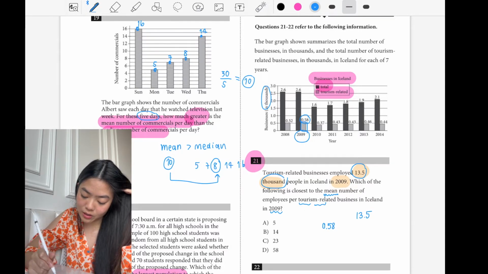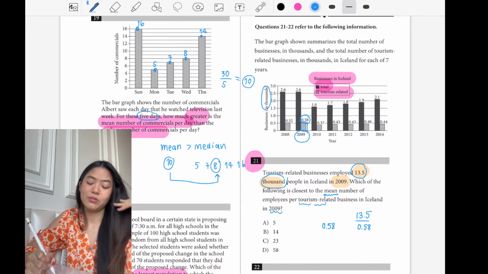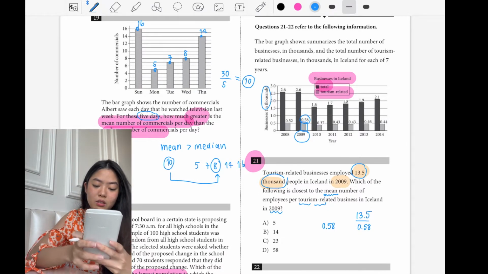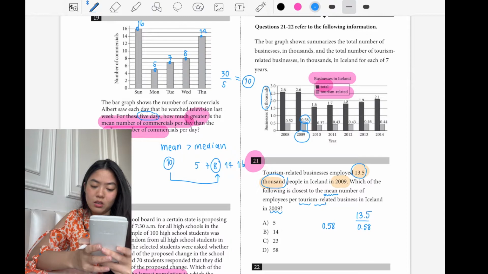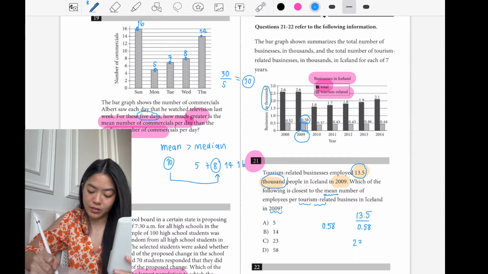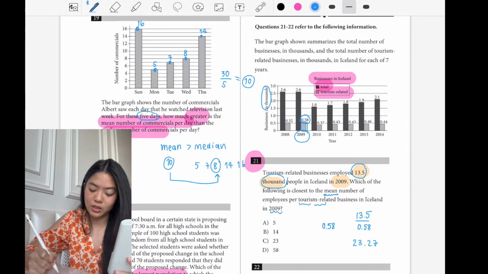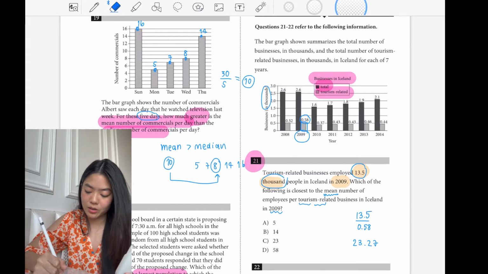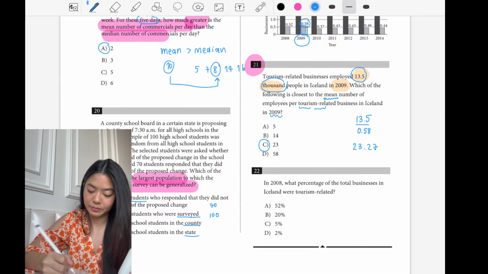So we can do 13.5 divided by 0.58. Therefore it's around 23.27. Then the answer would be C.